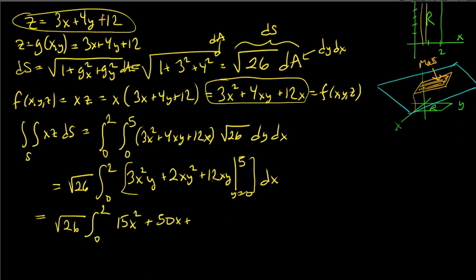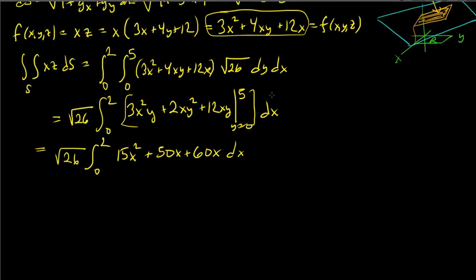And then plus 12 times 5x is 60x. Well, 50x plus 60x is 110x. Almost not necessary, but let's make that official.